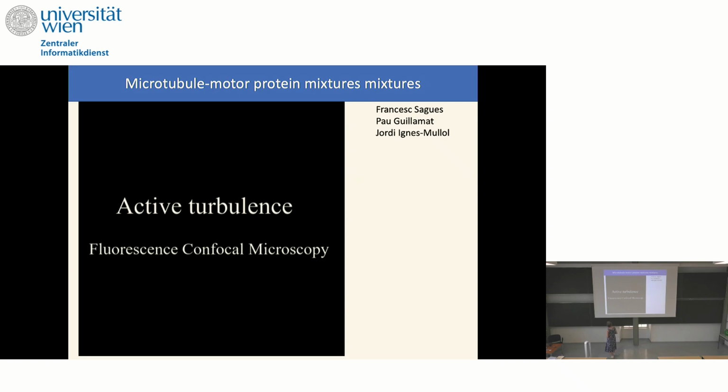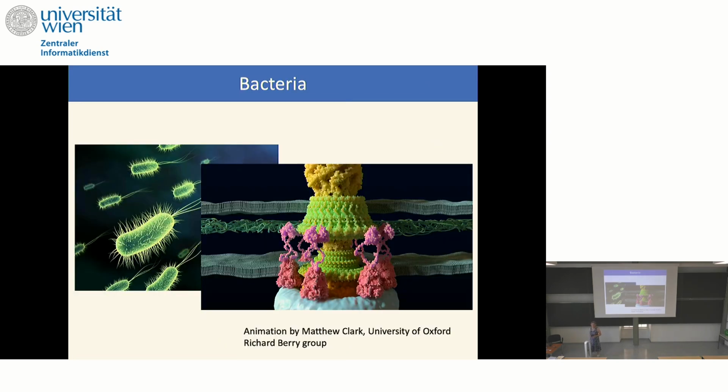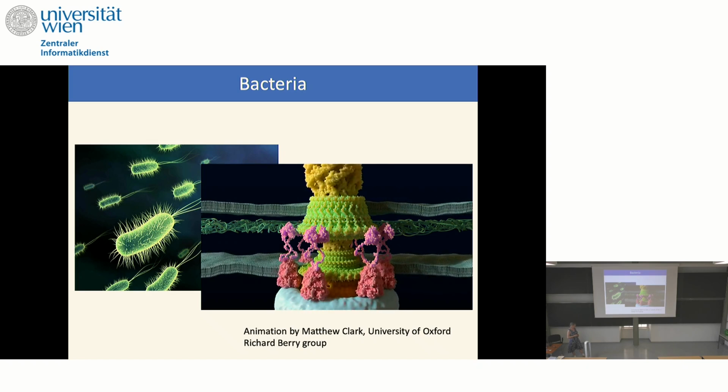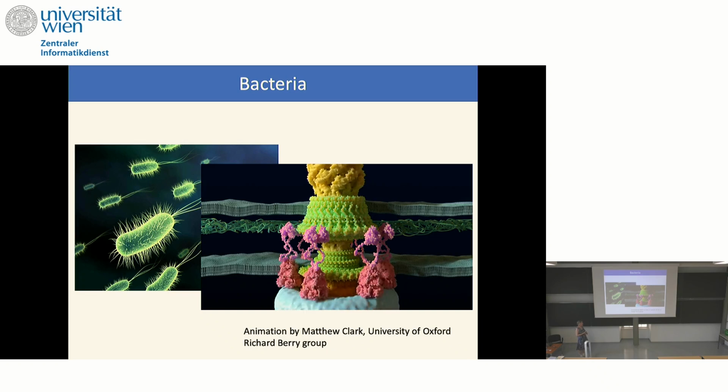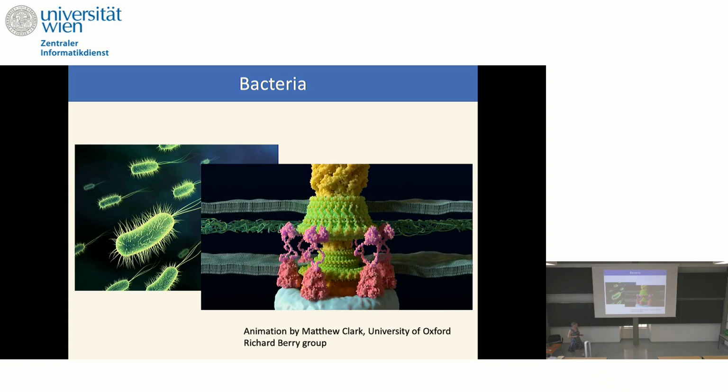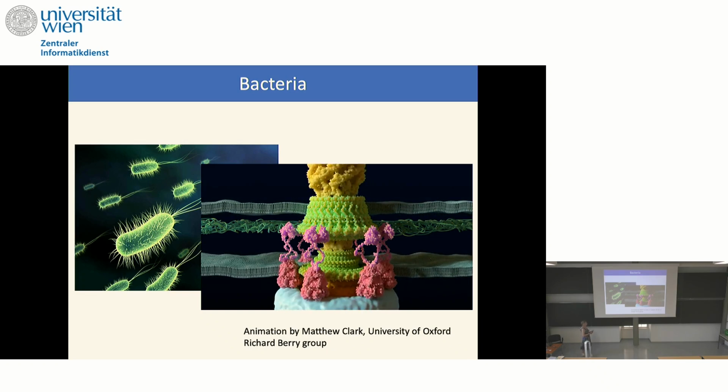Another system is bacteria. So I can show you the nice movie, this is the motor protein, which works here at the tail of the bacterium. And this again is a computer animation based on the best science. This is a slight non sequitur, but each of these different colored things is a different protein.